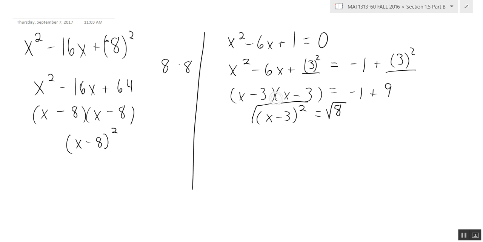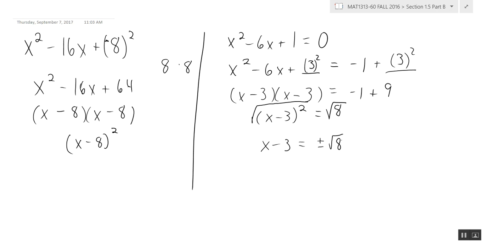Remember, the square root and squared cancel out. So I have x minus 3 equals, and anytime you take the square root of both sides of an equation, you have to put a plus or minus with one of the sides. We're going to put the plus or minus in front of the square root of 8.